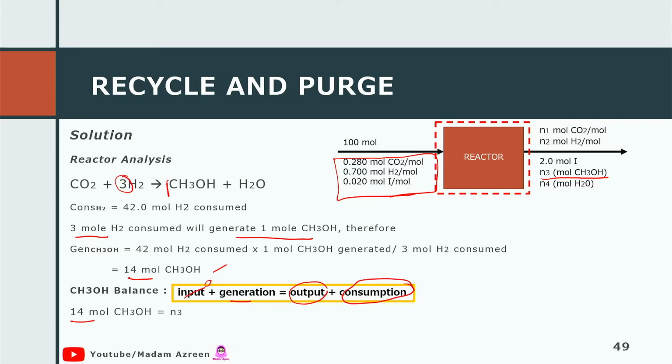Because consumption applies to the reactant and generation is for the product, unless you have another reaction. But here you have only one reaction. So I believe you already determined what N1, N2, and N3 are.